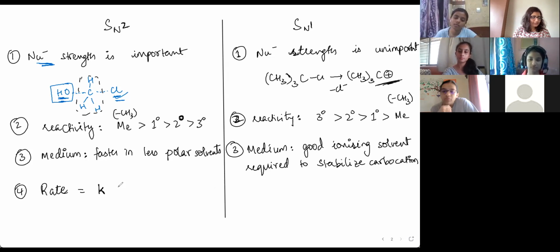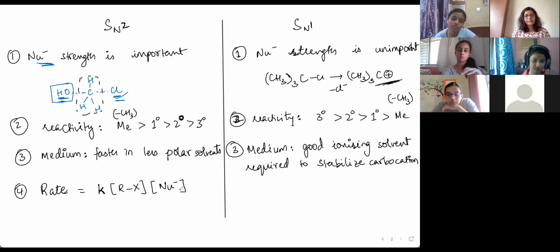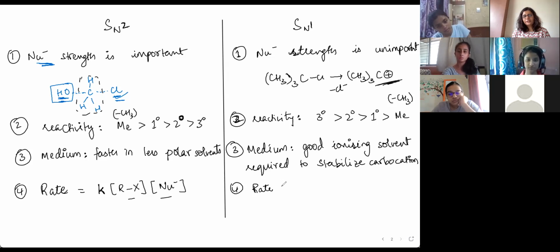So rate determining step is equal to K[RX]. It only depends on, sorry, this is SN2 mechanism, right? It depends both on RX and the nucleophile. Depends on two species. But here, the rate determining step only depends on the haloalkane. How fast it can ionize. It only depends on this particular step.